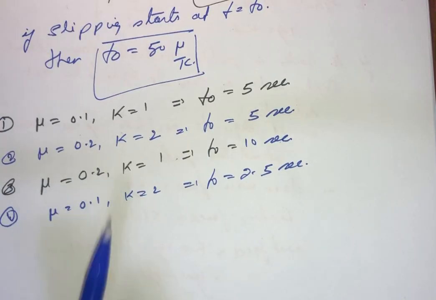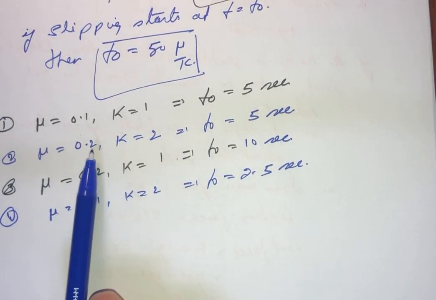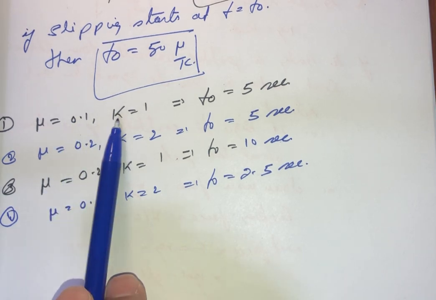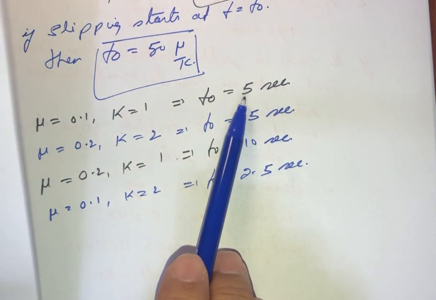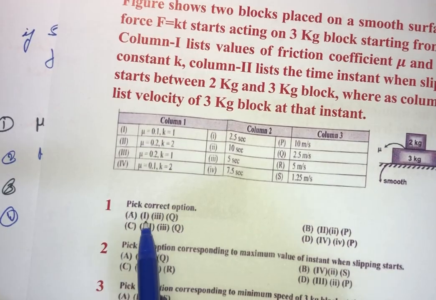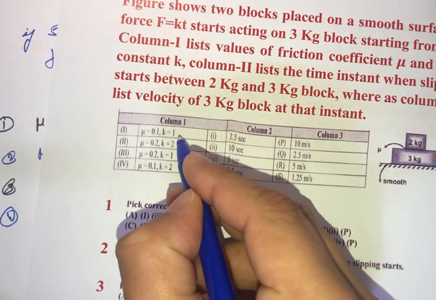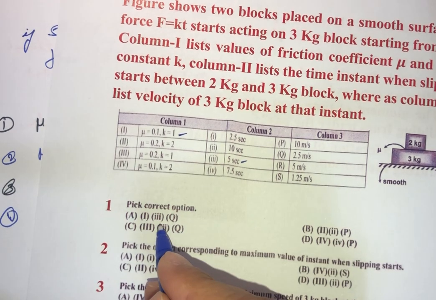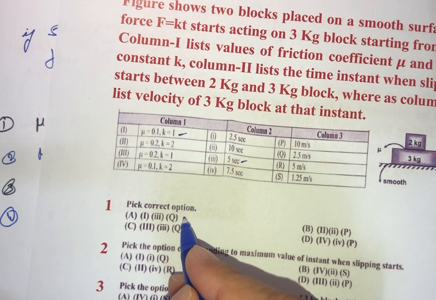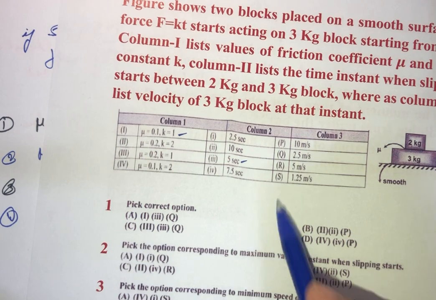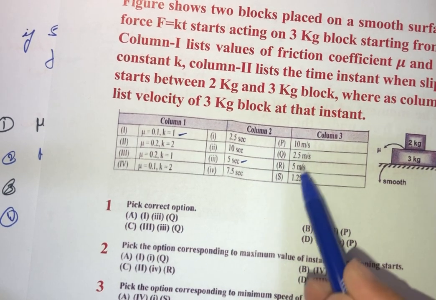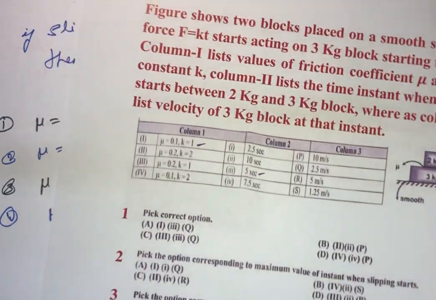We match it one to one. When mu is 0.1, k is 1, and t naught is equal to 5 seconds, this is 1, which means the first part. Then we have time as second, so this is third. Now we are going to find what our velocity will be. This velocity will be either p, which means 10, or 2.5. From one of these options we are going to identify it.